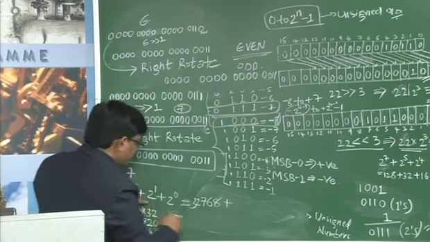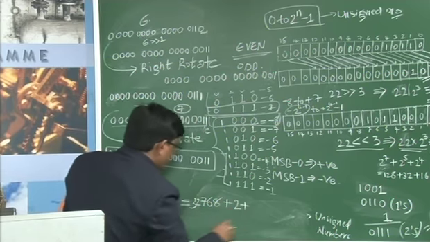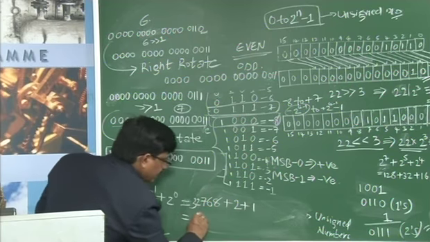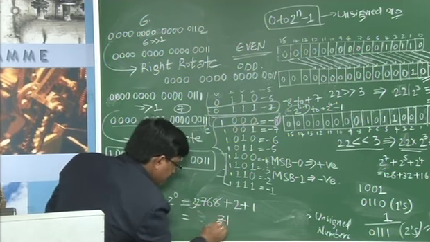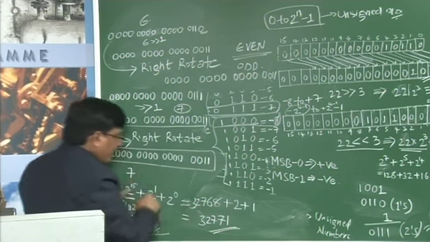Plus 2 raised to 1, which is 2, plus 2 raised to 0, which is 1. This is the same as 32,771.